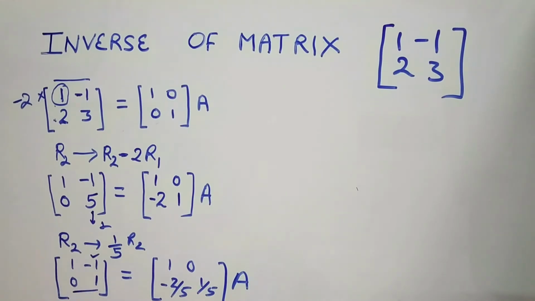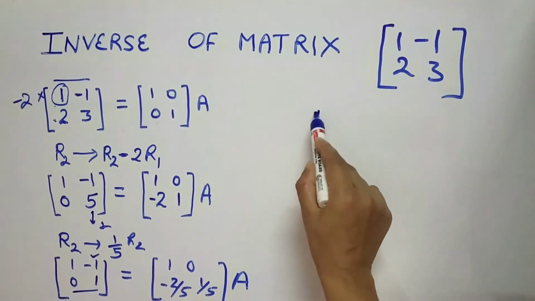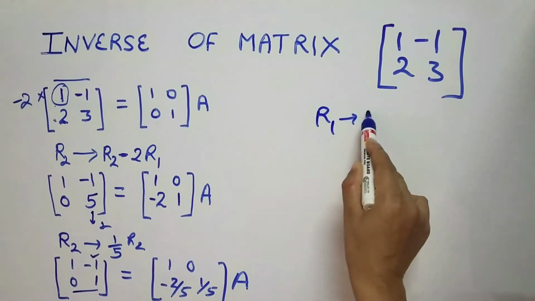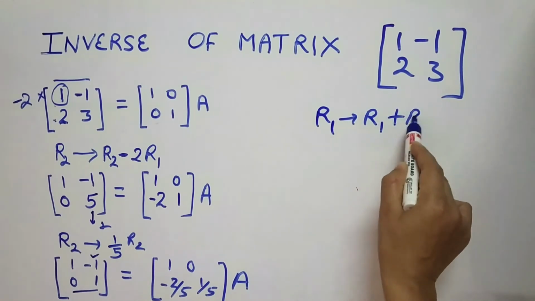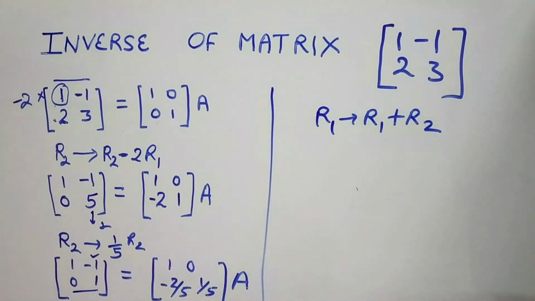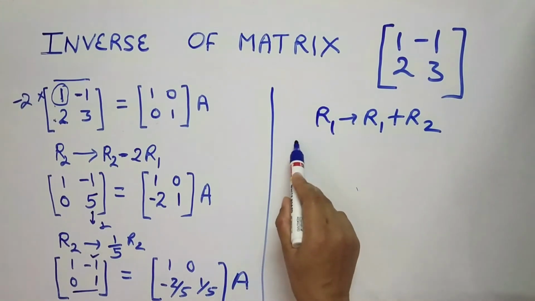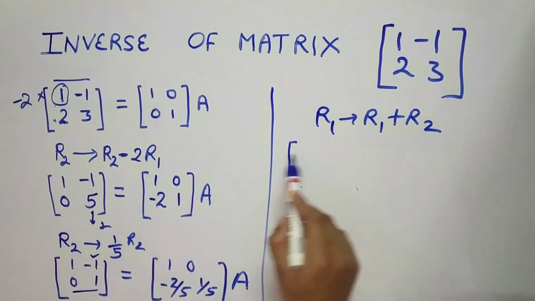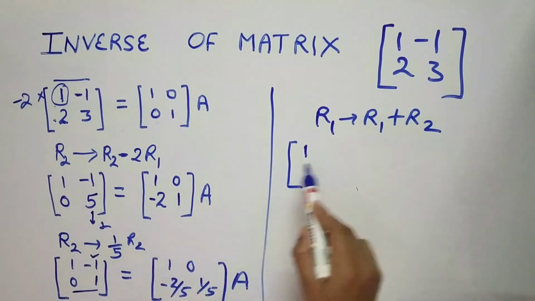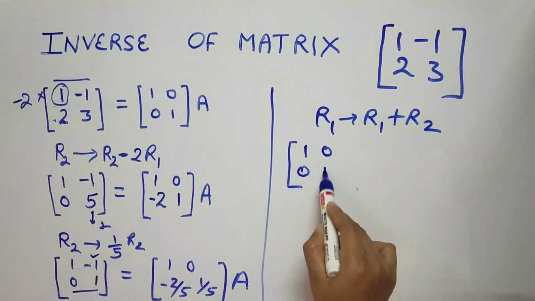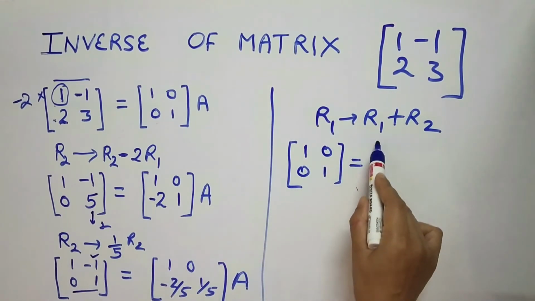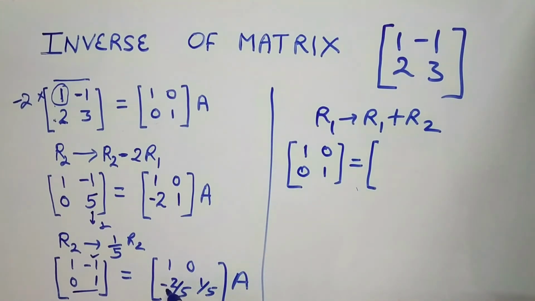If we write our R1 as R1 plus R2, you can get that. So 0 plus 1 will be 1, 1 minus 1 will be 0, and the second row will come as it is. And now R1 plus R2 gives minus 1 plus 2 by 5.